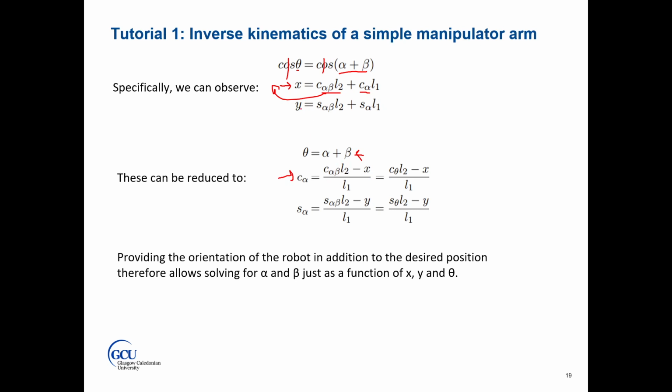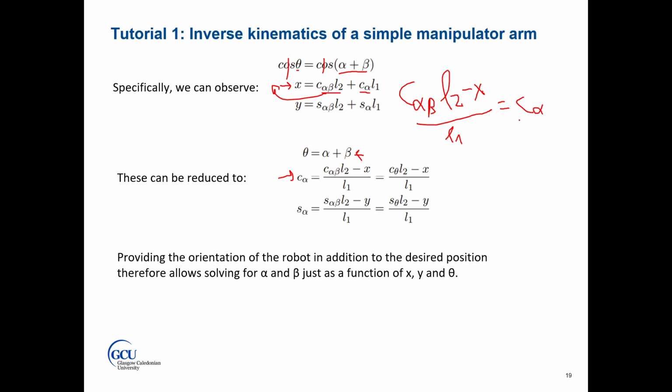Here it is L2 cosine of alpha plus beta, but it can also be L2 cosine of alpha plus beta minus x. So I move this the other way, and then the L1, which is multiplying, now I can send it dividing, and this is going to be equal to the cosine of alpha.